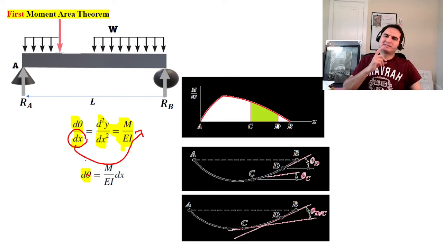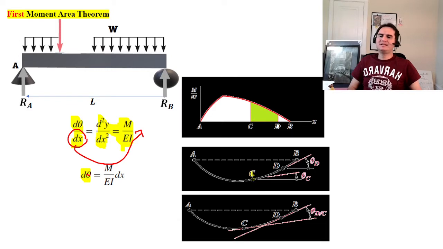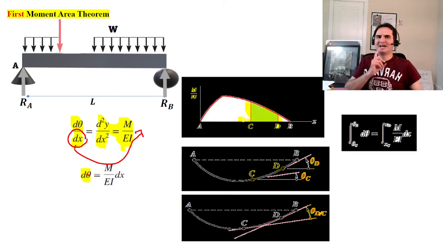And it simply says if you draw the tangents at C and D, for example, and subtract them from each other, theta D with respect to C is equal to the area under M over EI between C and D. If you integrate d theta from C to D, it's just an integration over M over EI dx, because d theta is equal to M over EI dx.